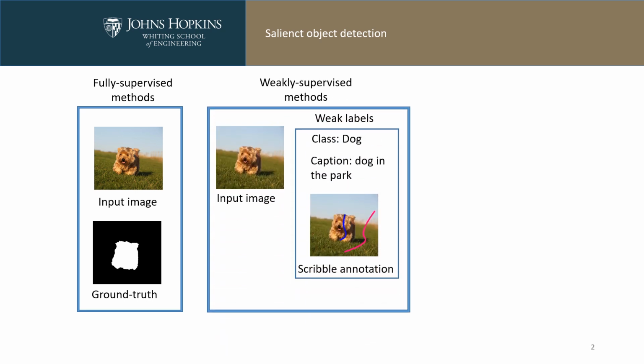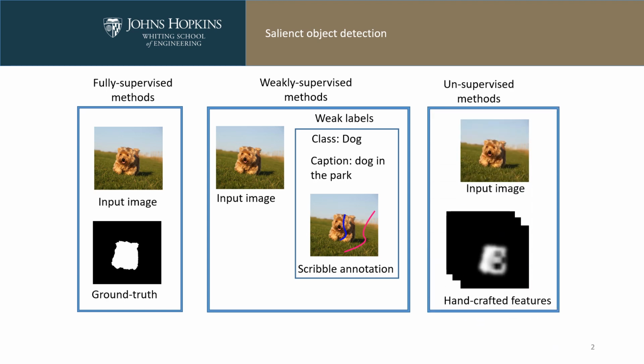On the other hand, weakly supervised methods require weak labels such as classes, captions, or scribble annotations. But these weak labels also require humongous human resources and time to get.